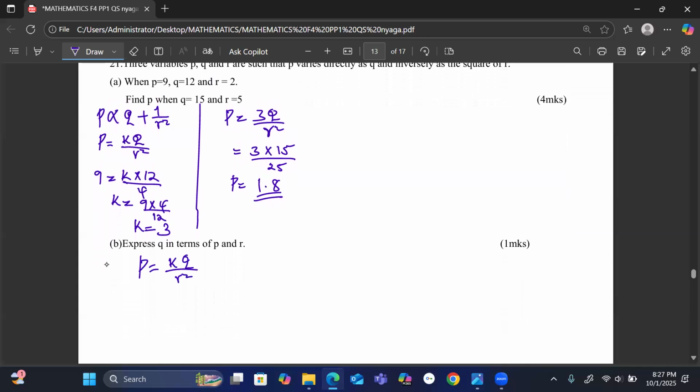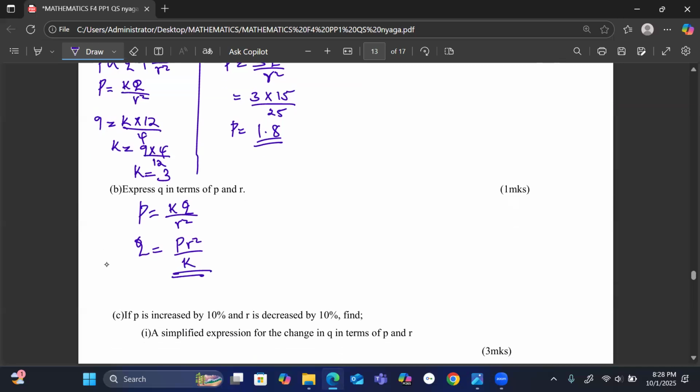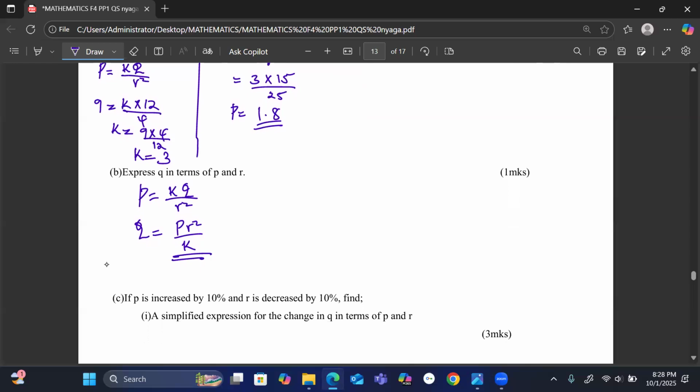So we are making Q the subject. So Q will be equal to P R squared over K. So that is how we express Q in terms of P and R.